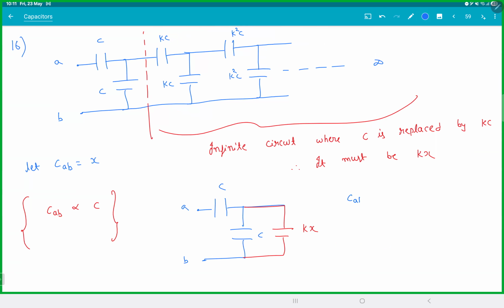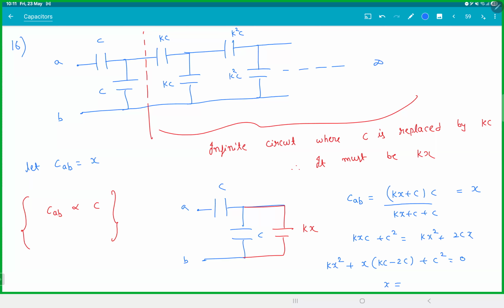So CAB will be KX, and C are in parallel. So (KX plus C) into C by (KX plus C plus C). But remember, this whole thing is again equal to X, isn't it? This whole thing must be again equal to CAB, which is nothing but X. You'll get a quadratic from here. KXC plus C square is equal to KX square plus 2CX. KX square plus X into (KC minus 2C) plus C square is equal to 0.